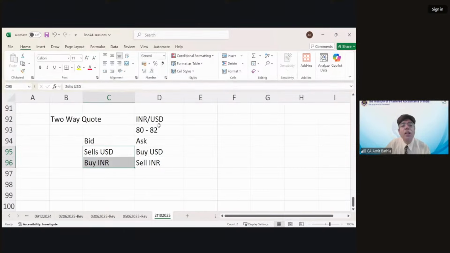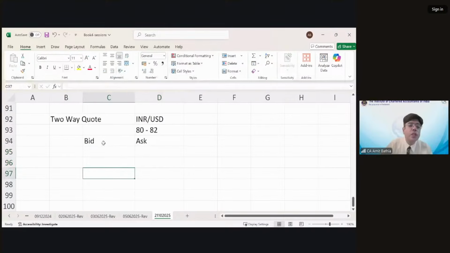Right? Similarly, if you are talking about ask price, bank over here, who is buying the USD now? Because at 82, it is going to sell USD. Let me remove this. Maybe it is causing confusion. So at 80 rupees, just remember a simple thing.